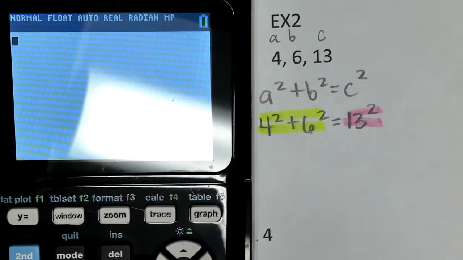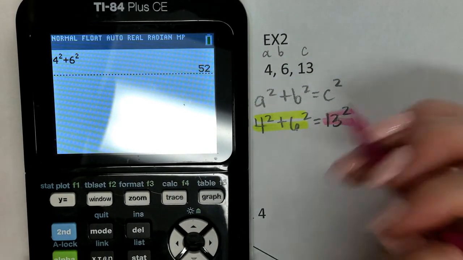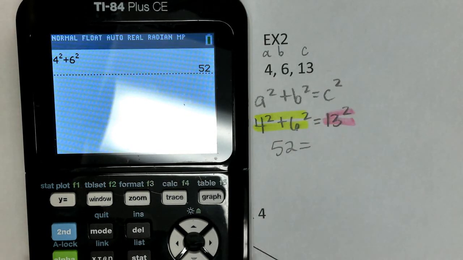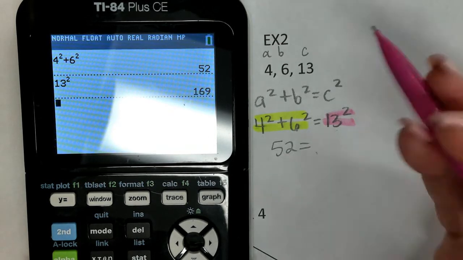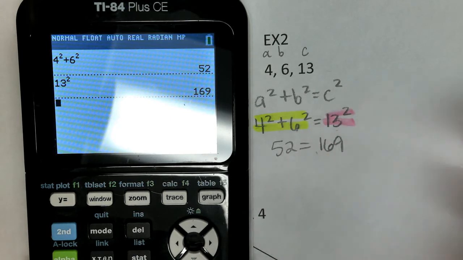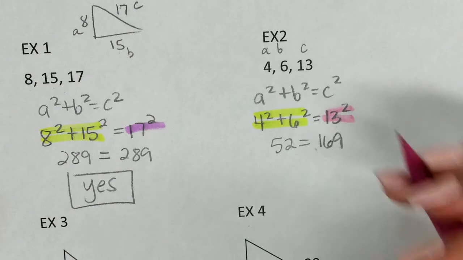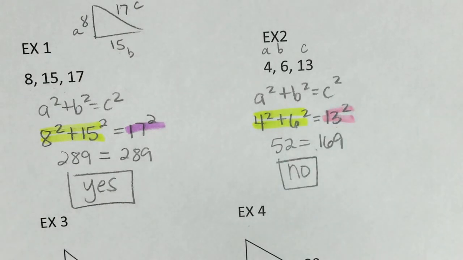So 4 squared plus 6 squared is 52. If it's true, then 13 squared has to be 52, right? But 13 squared is 169. Those do not equal each other. So this would not form a right triangle. How easy is this? Super, super easy.